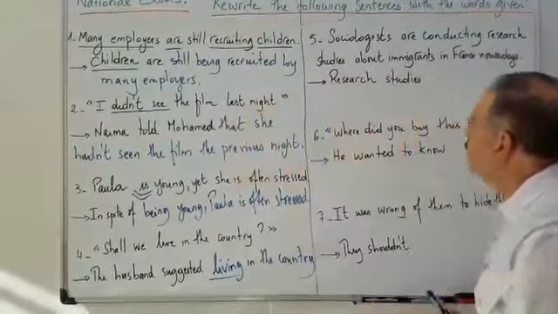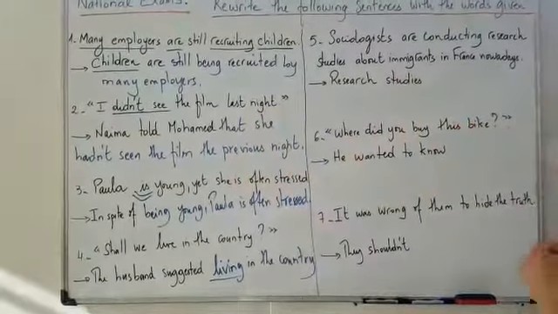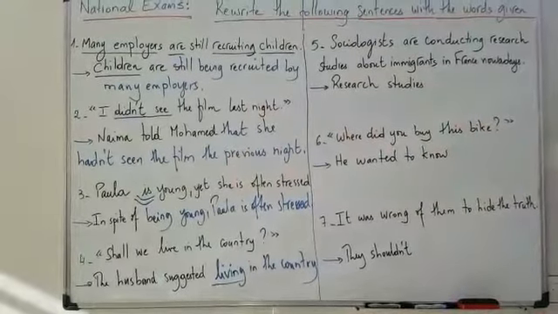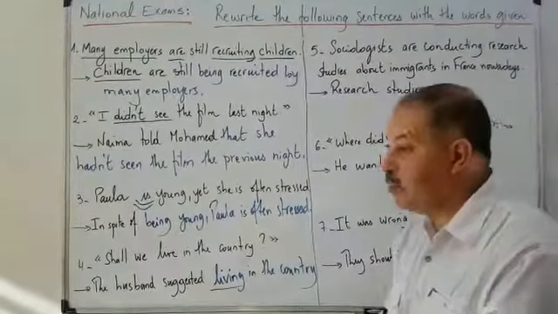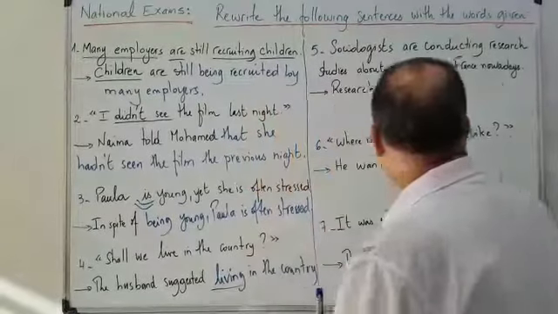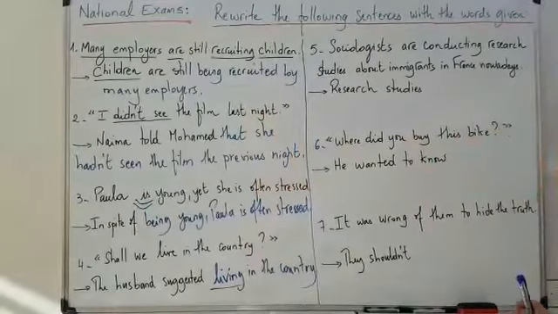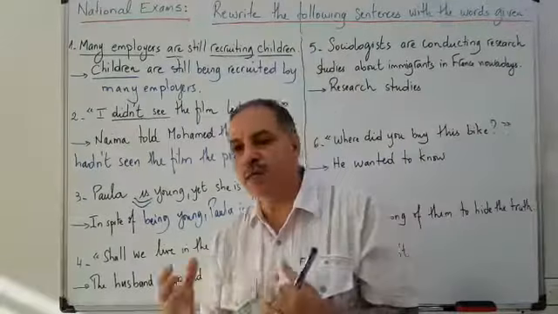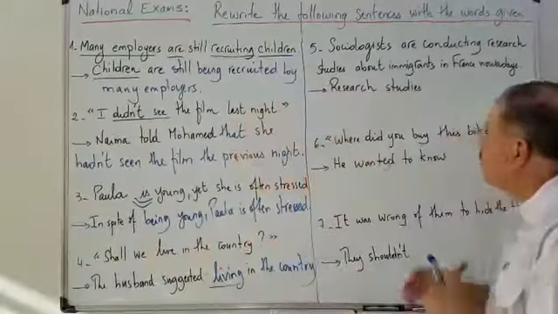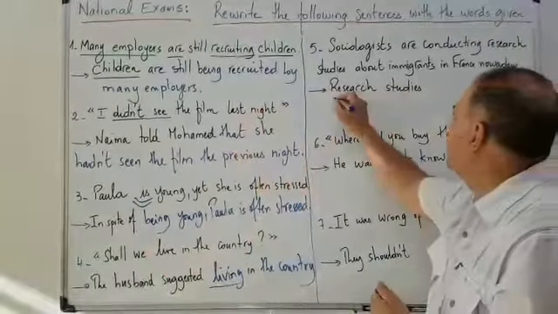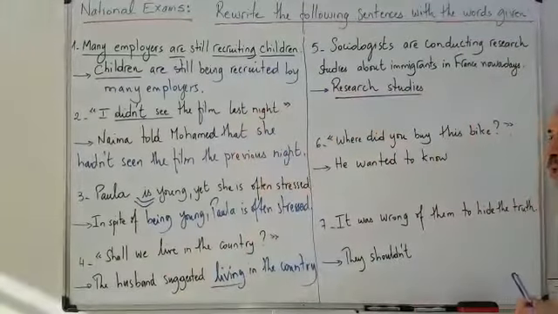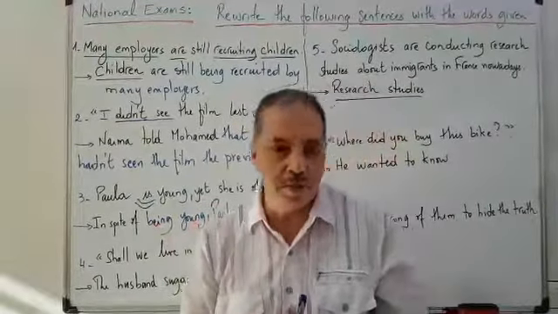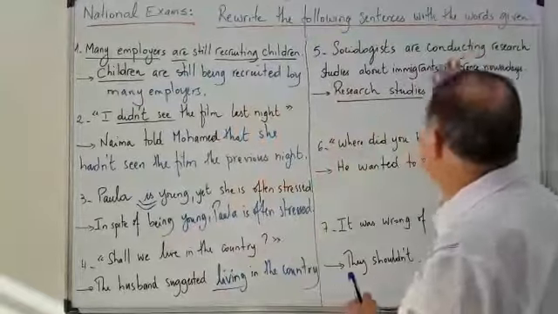Number 5: Sociologists are conducting research studies about immigrants in France nowadays. So we have here research studies. Before doing anything, we should find the position of this research studies in the sentence.